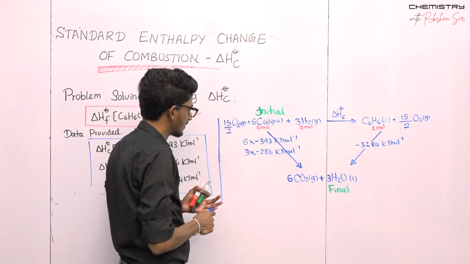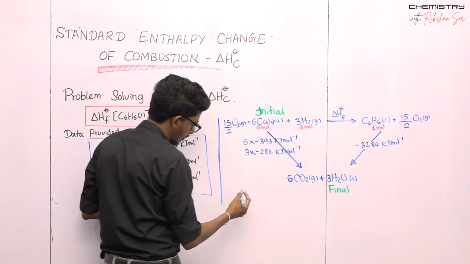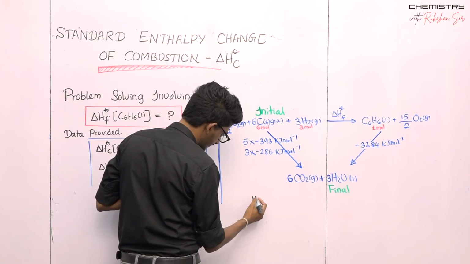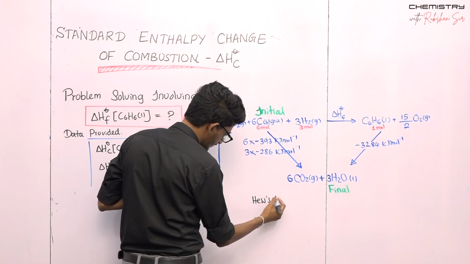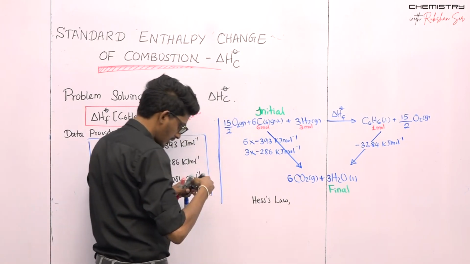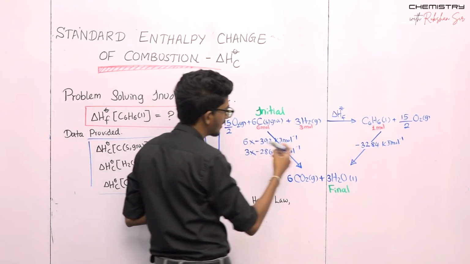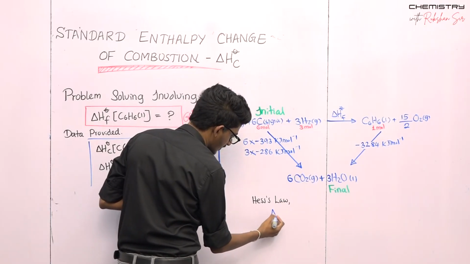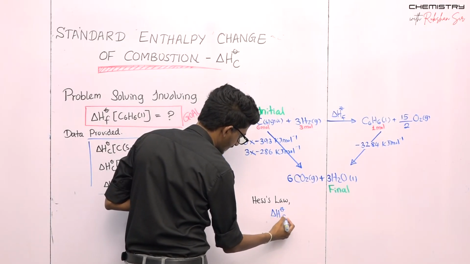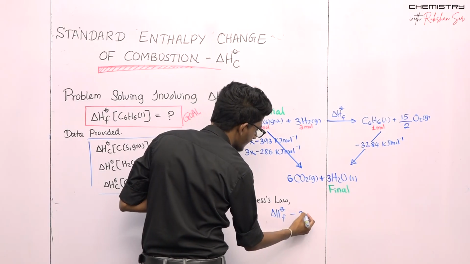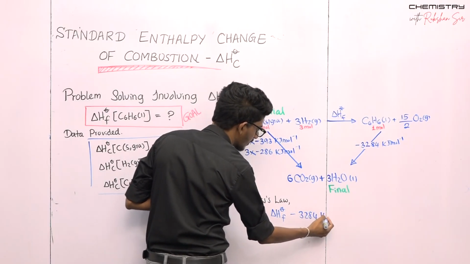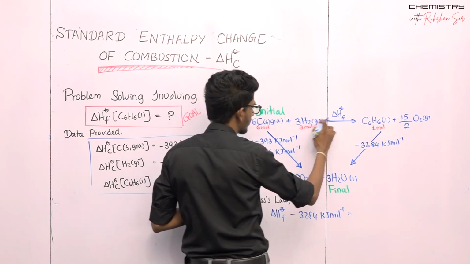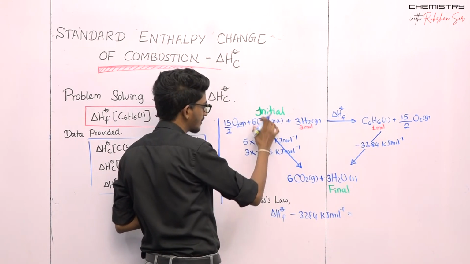So according to Hess's law, the enthalpy change of this route, that is delta H naught f minus 3284 kilojoules per mole, the complete enthalpy change of this route, will be equal to the enthalpy change of this route.